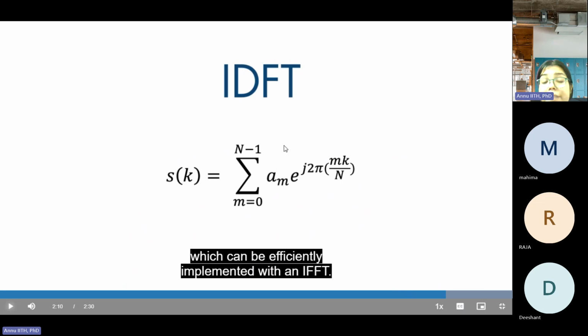The formula is the same. When we solve in terms of twiddle factors and the butterfly diagram, that is the IFFT. Otherwise, it is the same as the IDFT. There is no difference between IDFT and IFFT in terms of the formula, and it can be implemented with the IFFT, which is already there in MATLAB.